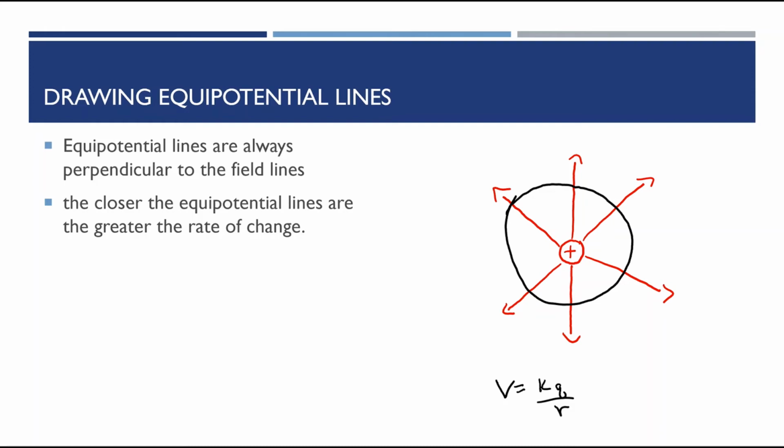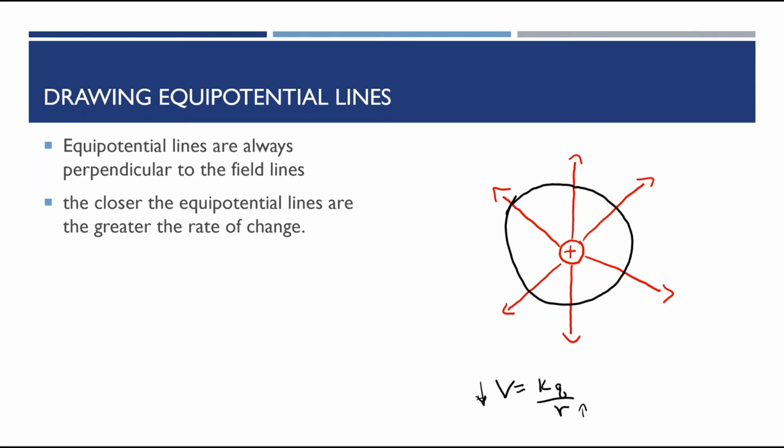Another thing to note is that the further away we get from this point charge, the smaller the voltage will be. So if we look at our equation here, V equals KQ over R, if we increase our distance or increase our R value, then our V value will decrease. Our electric potential or voltage will decrease.